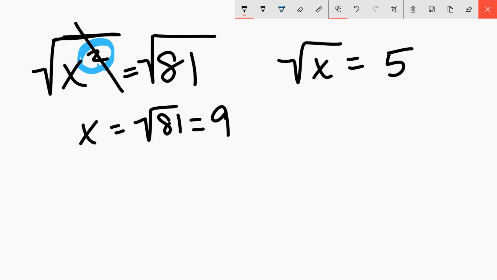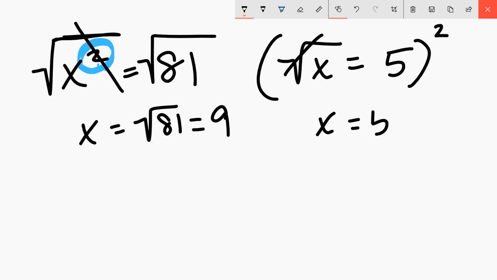Since as we saw in the previous example, the exponent will cancel with a radical. Same thing here. Since I have a radical, I need an exponent. I'm going to now raise everything to the power of 2. So that's going to cancel out that radical. I get x is 5 to the power of 2, which is really x equals 25.